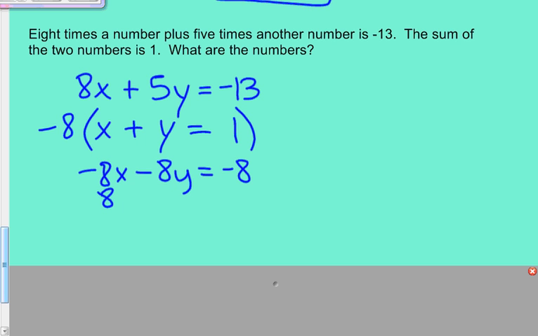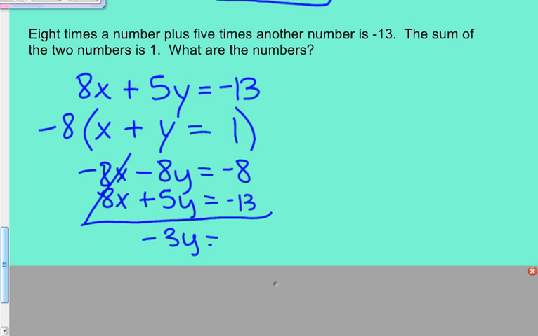Put the other one underneath it and put them together. X's are gone. You'll end up with -3y equaling, and this would become a -21. When you divide -21 by -3, y is a +7.